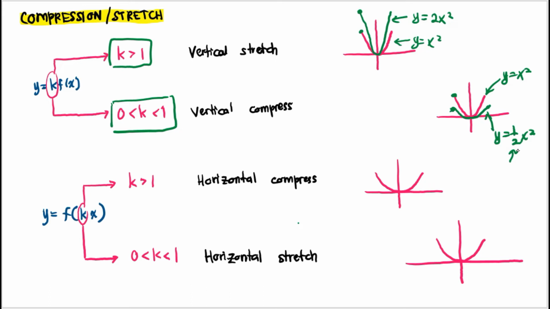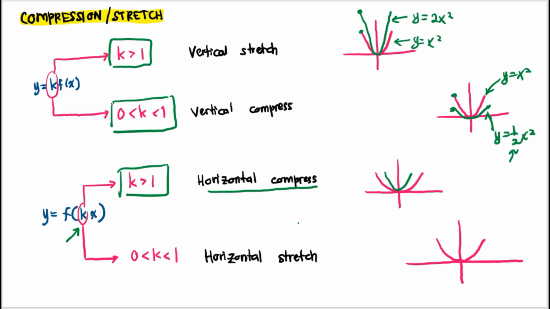Now, if we have k together with the variable x, for example f of kx, and the value of k is greater than 1, then we have a horizontal compression. Suppose this is y equals x squared, then if k is greater than 1, it will be something like this.